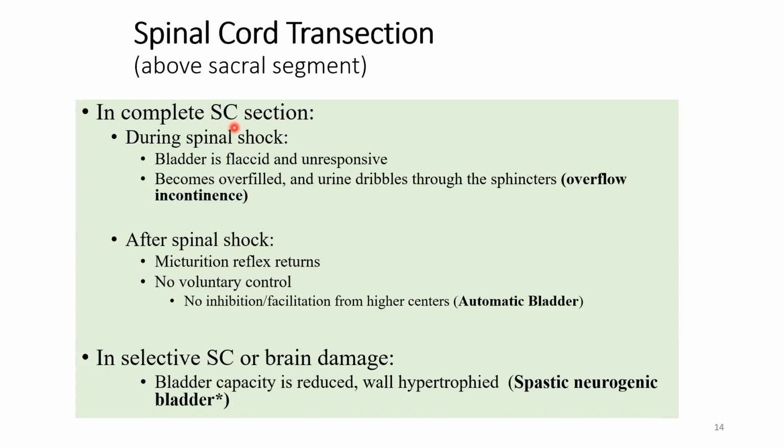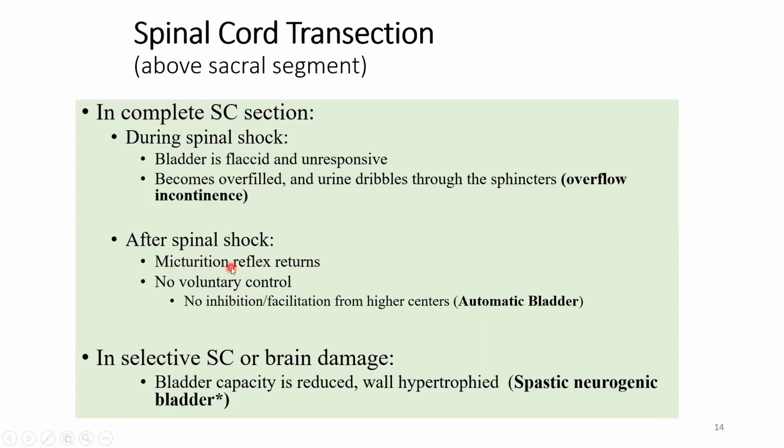So you don't disturb that. You cut the spinal cord above the sacral segment. So the integrated spinal reflex, the micturition reflex, the reflex arc is intact. The whole reflex is intact. Hence, just after spinal shock is over, the micturition reflex returns.